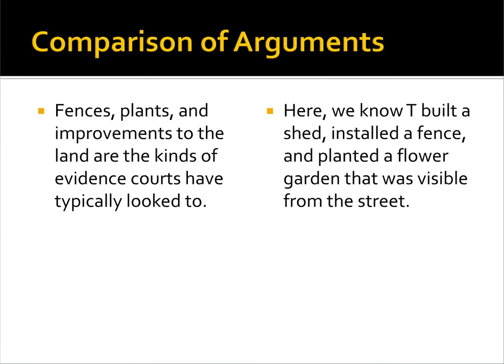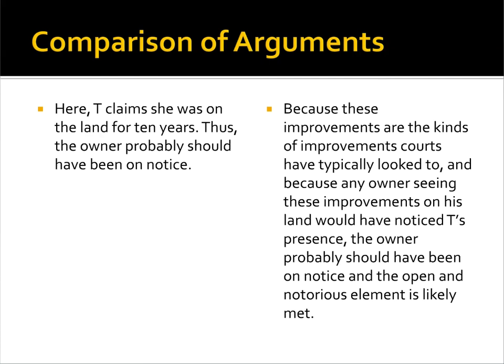And here we have the actual application of the facts to the rule. So on the left side are these various things that courts could look to, and on the right side, here we know that T built a shed, installed a fence, etc. So there's the application of the facts here, which is really important.